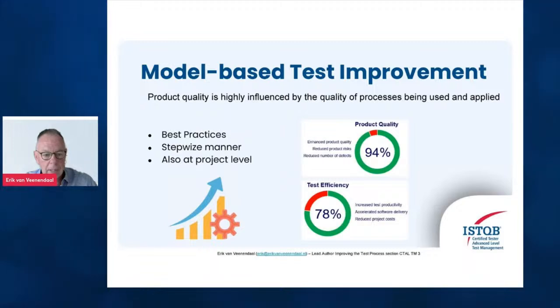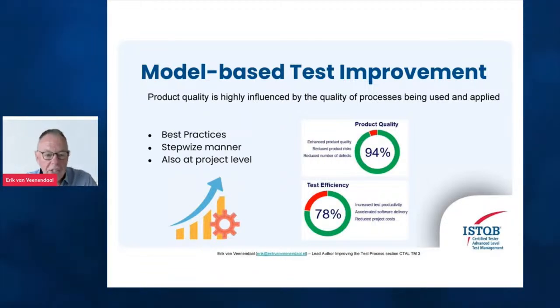Important, in the syllabus, in the course, we will teach you how to apply these models at project level. Interestingly enough, there's been a study recently by the TMI Foundation showing that of those doing model-based improvement, 94% state they have improved their product quality. So the assumption is proven to be correct in practice.